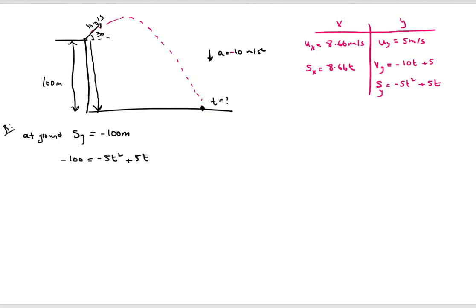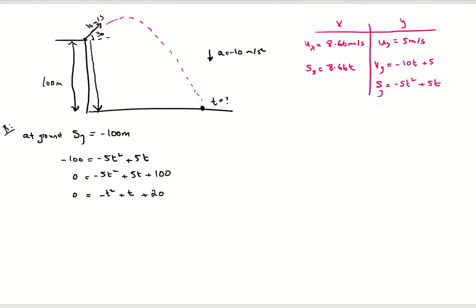So it's going to be a quadratic equation that you need to solve. You need to use your calculator here. So minus 5t squared plus 5t plus 100 equals 0. Okay, you can divide by 5 and you will have minus t squared plus t plus 20.